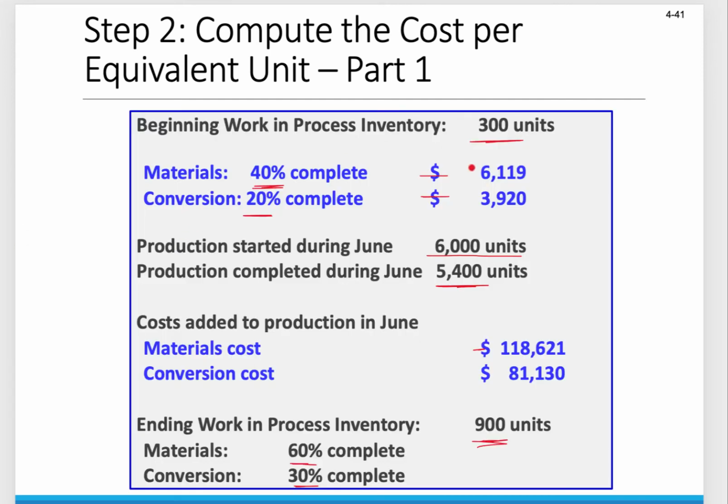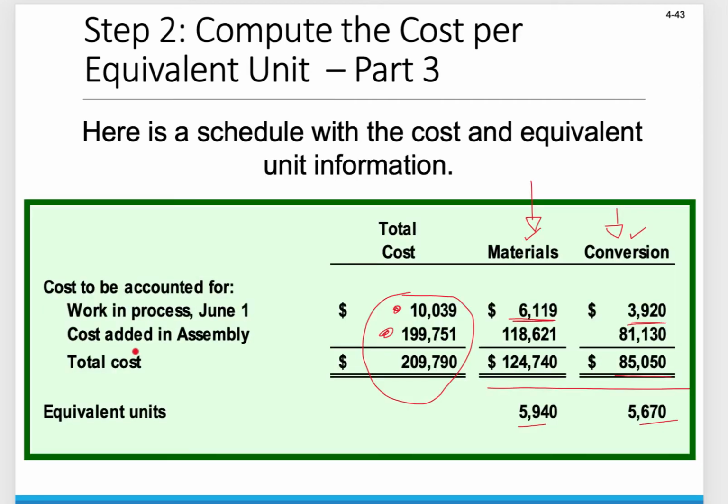If we add these up, those are the costs that were in beginning inventory. Just added those up. And we can see that again here on our calculation when we're trying to figure out what the total costs are. So these are the beginning and added. Those are the costs that we need to account for.